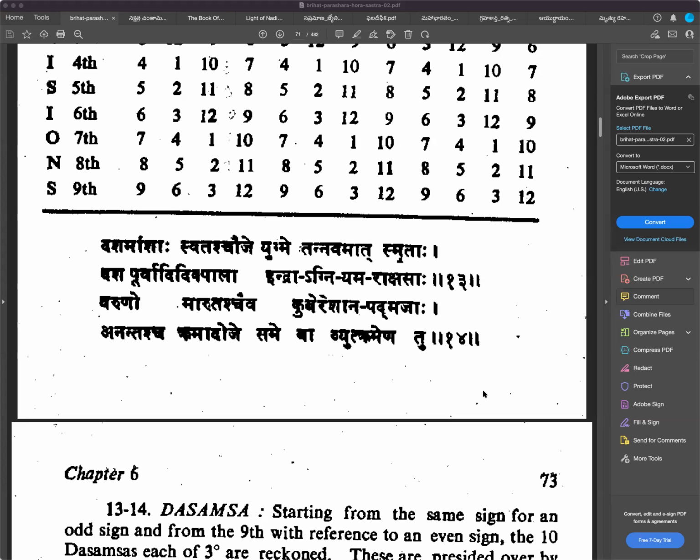If the same Atmakaraka, the 7th Lord in D1, is sitting in good Navamsha houses, own houses, friendly houses or exalted houses, like Jupiter as the seventh lord sitting in Cancer, an exalted house, then you are going to enjoy, and your wife is also supportive of your Atmakaraka, what you are going to achieve, what the purpose of your life is.